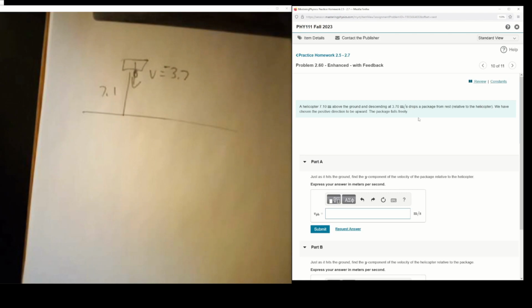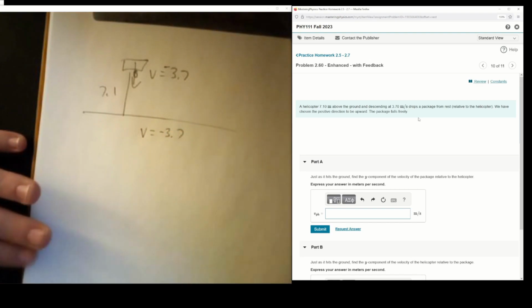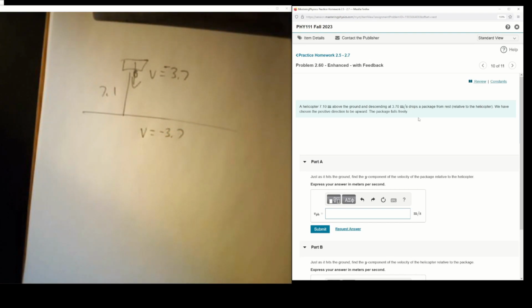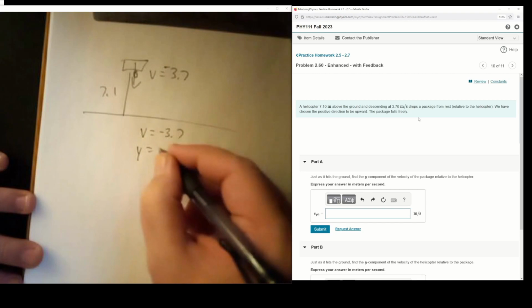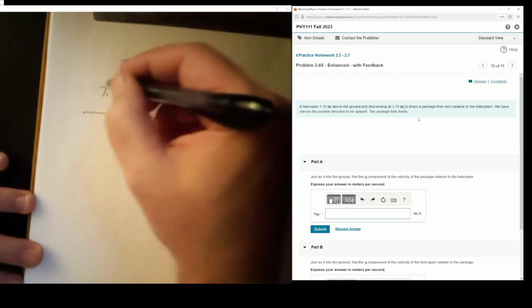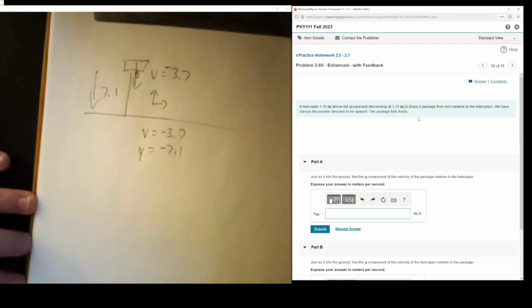So the package is just going to fall straight down, but it has an initial velocity of minus 3.7. So it is dropped from rest out of the helicopter, but the helicopter is moving down. Also, the displacement here is minus 7.1 since we are going down in a standard coordinate system.